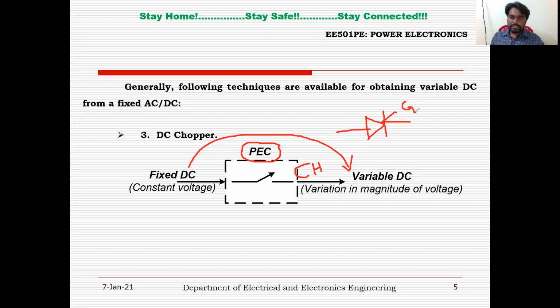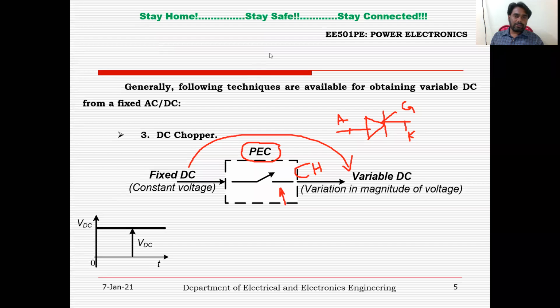But to make the SCR off, we use the commutation circuit, which is inside this box. That is why the SCR is also called a semi-controlled device. It is not a fully controlled device. We can make it on, but we cannot make it off with the help of the gate terminal.